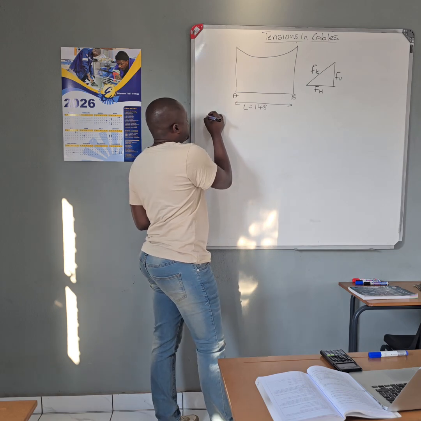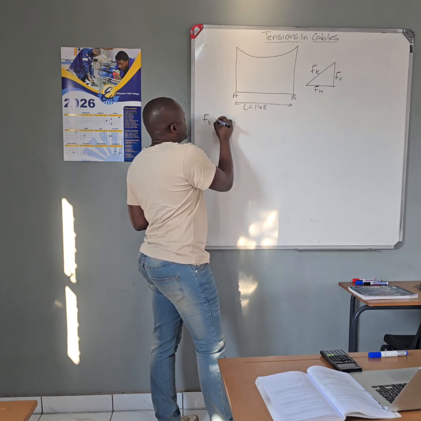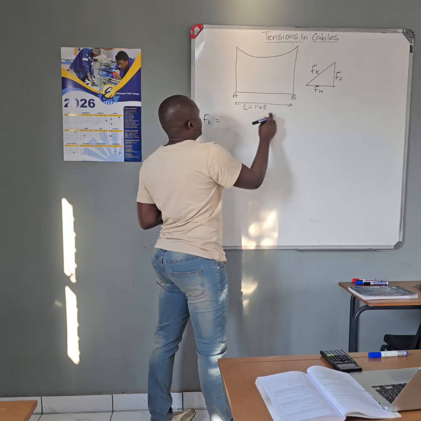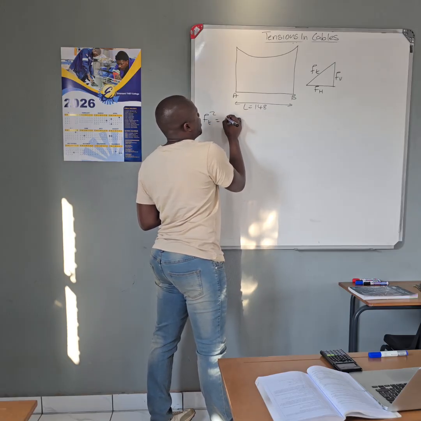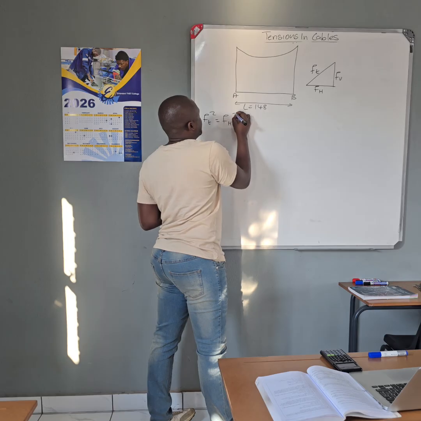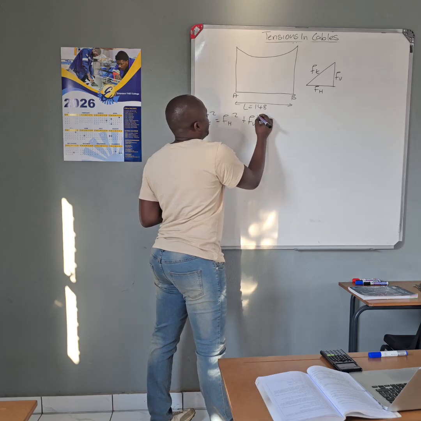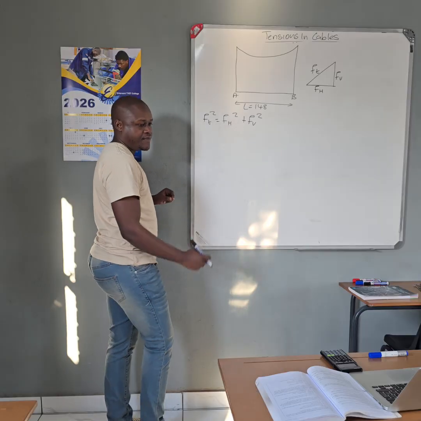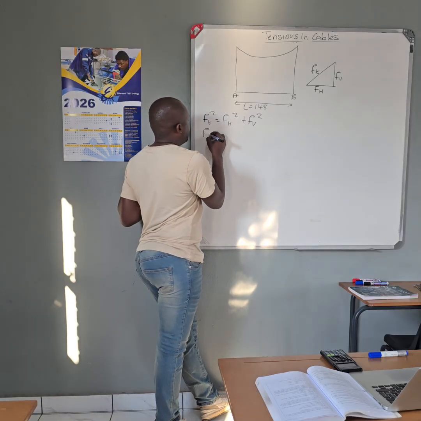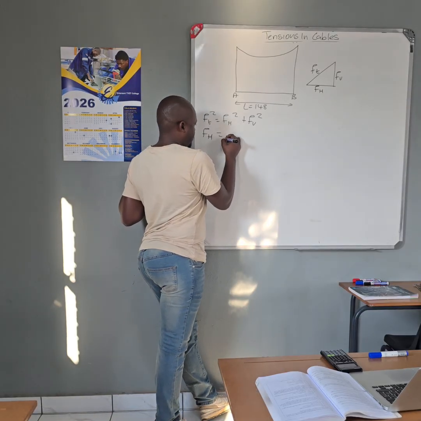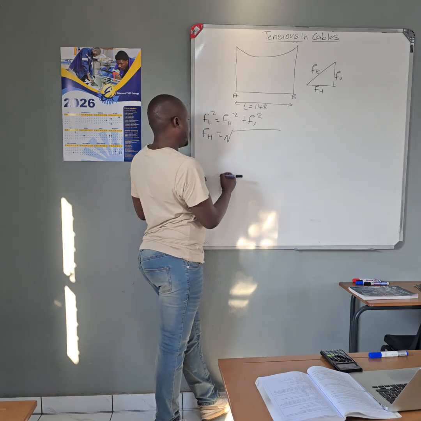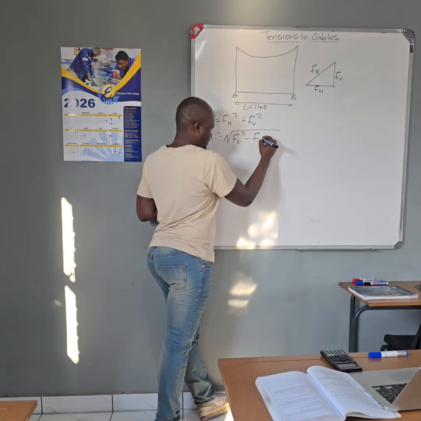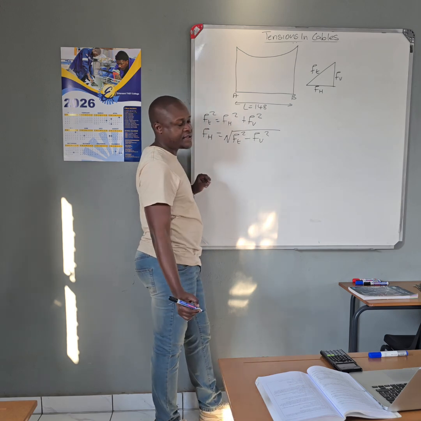So FT squared is going to be equal to FH squared plus FV squared. We want to find FH. So FH is going to be equal to the root of FT squared minus FV squared.